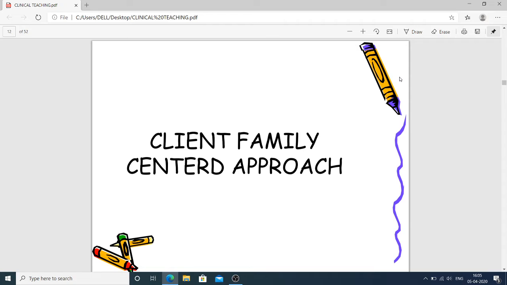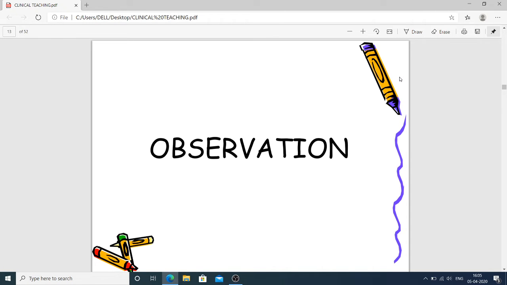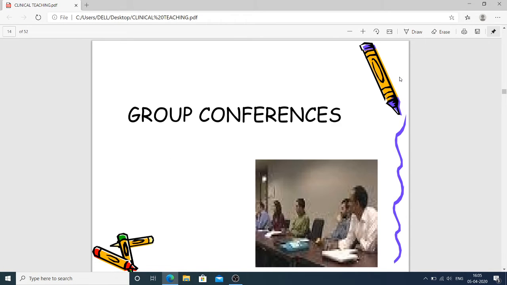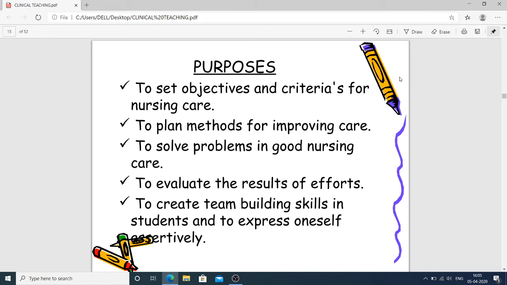First one is the client and family-centered approach. In this, we mainly focus on the client's need and family's need. Then observation, group conferences. The purposes of these are to set objectives and criteria for nursing care, to plan methods for improving care, to solve problems in good nursing care, to evaluate the results of efforts, to create team building skills in students, and to express oneself assertively.